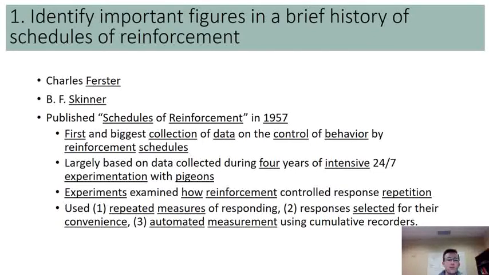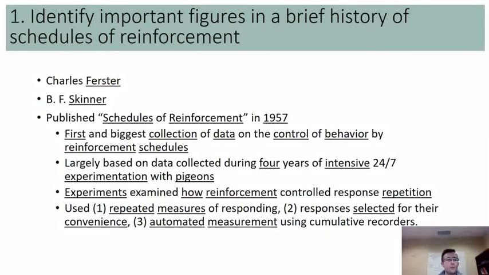And then three, automated measurement using cumulative recorders. Of course, the automated measurement is critical here. That enabled them to conduct these 24/7 experiments and collect data on responding continuously over large periods of time.